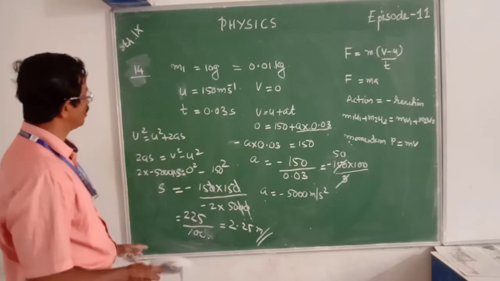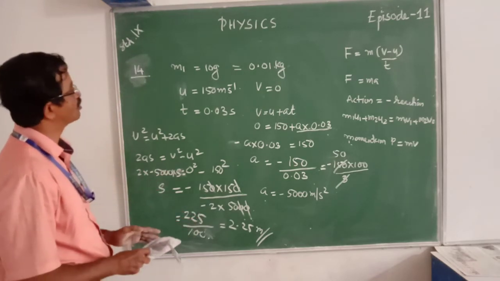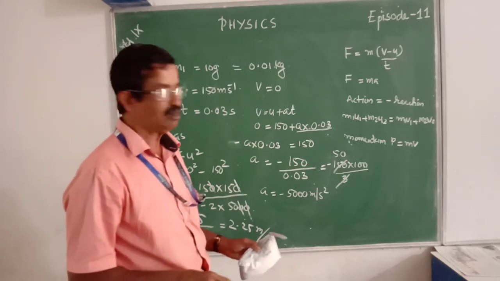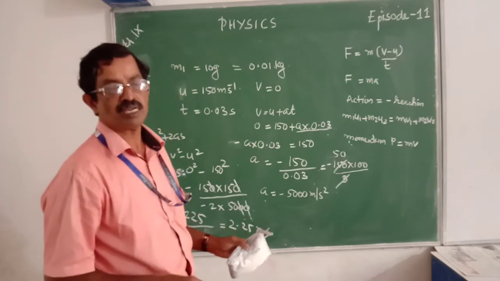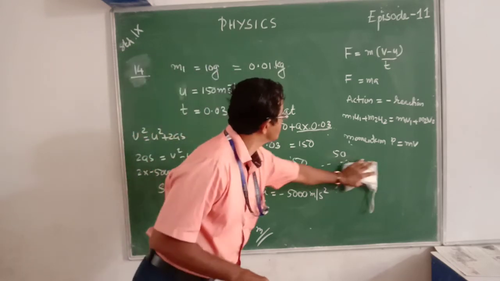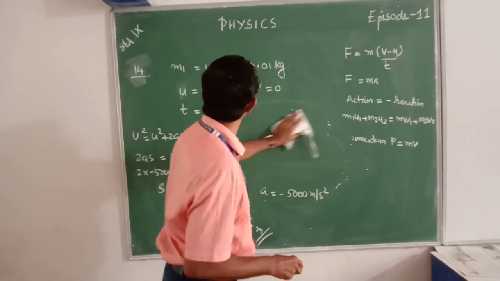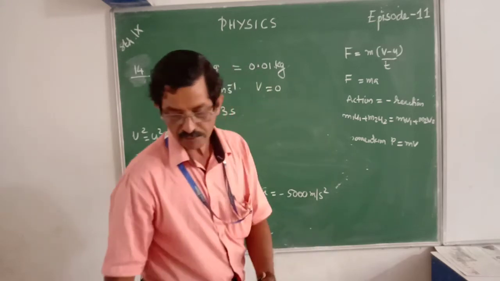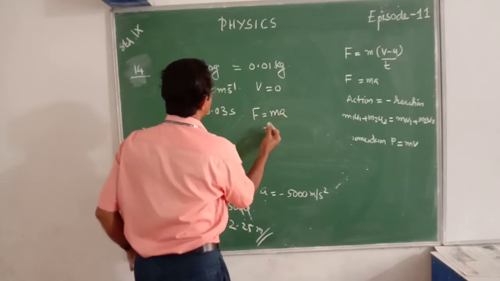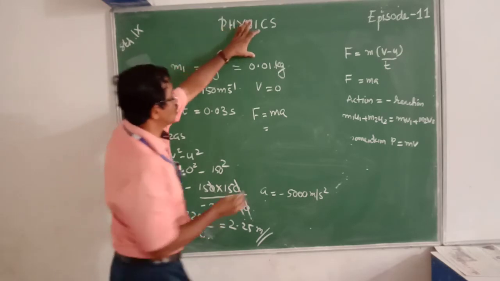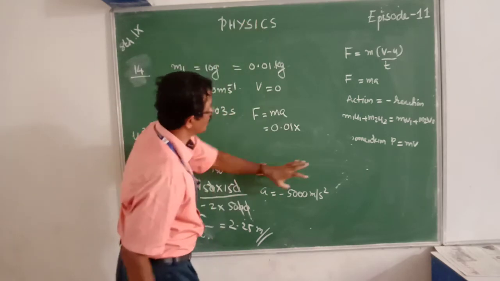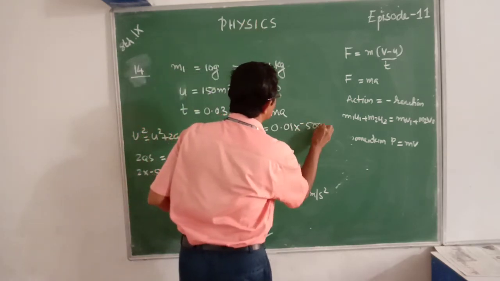Okay. Next, one more thing we want to find out: what is the force exerted by the wooden block on the bullet? We know the relation from the second law, F is equal to ma. Here m is equal to 0.01 into a, which is minus 5000.